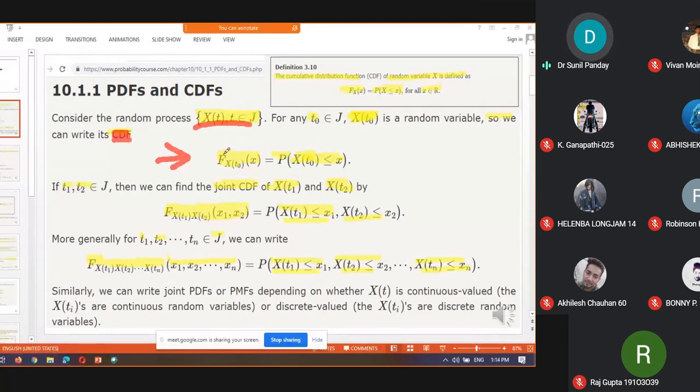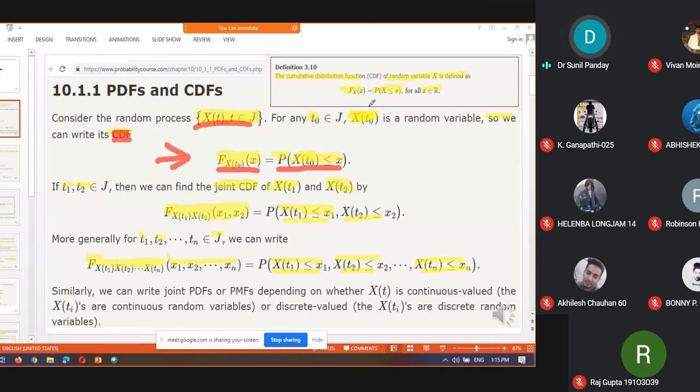If you remember the earlier classes, the distribution function is denoted by capital F. When time t is fixed at a particular t_0, X(t_0) becomes a random variable, and we calculate its cumulative distribution function F_X(t_0)(x), which, if you remember the earlier definition, is the probability that X(t_0) is less than or equal to x.